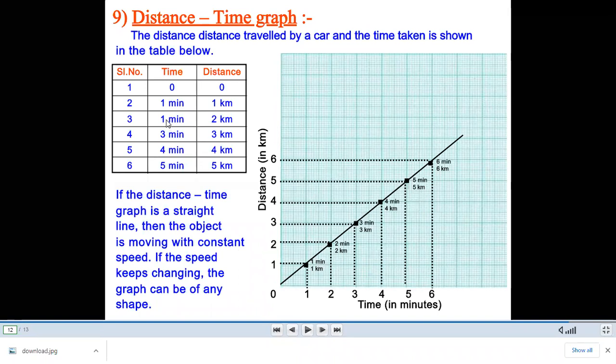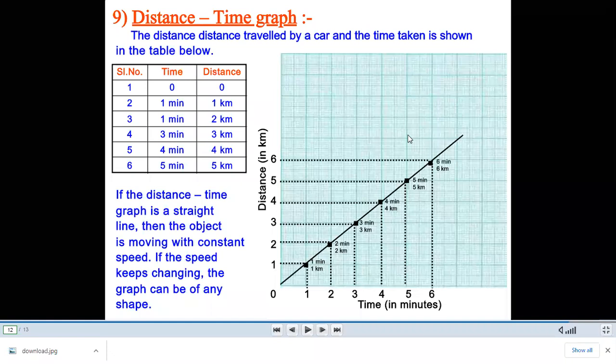Here it's a mistake, it will come in the third column, here it will come 2 minutes. So in all these cases 1, 2, 3, 4, 5, the difference between these intervals is 1 minute and the difference between these distances is 1 kilometer. That means the same distance in the same intervals of time. That means the body is under uniform motion.